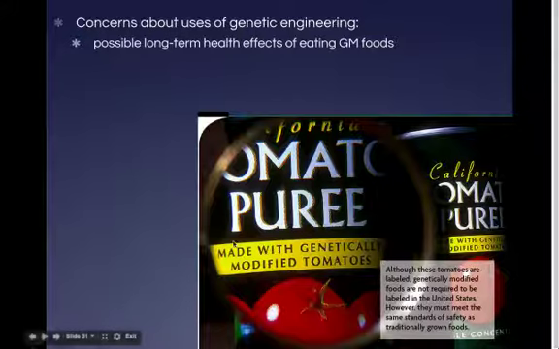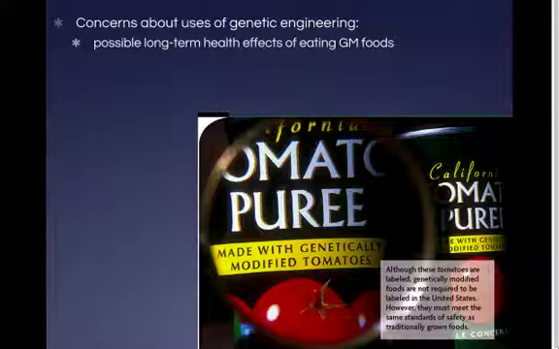This is ironic because right now there is not legislation that requires a company to print that the product that they have created includes genetically modified organisms, which means as a consumer, it becomes increasingly hard to know whether or not you're eating normal food that has not been genetically altered or GM food. So that's a lot of the controversy. We don't know long-term health effects.